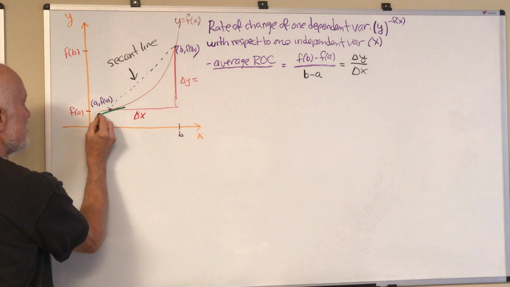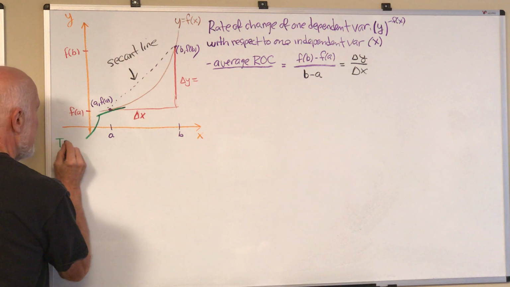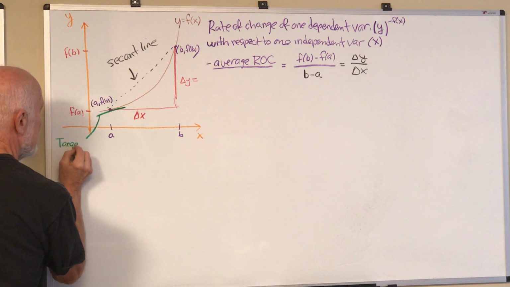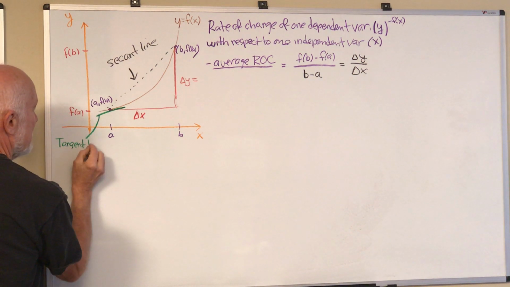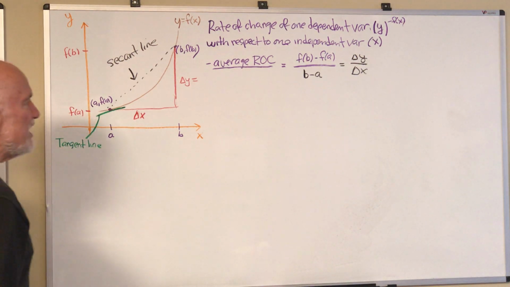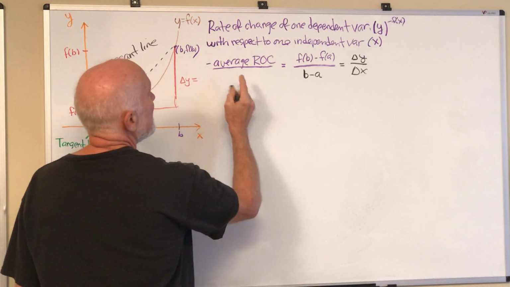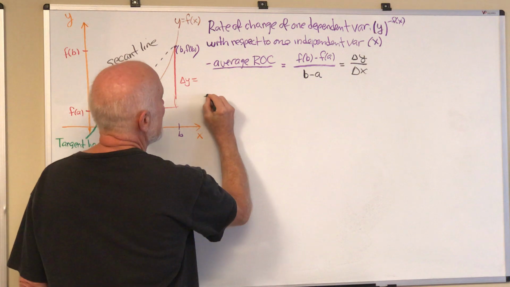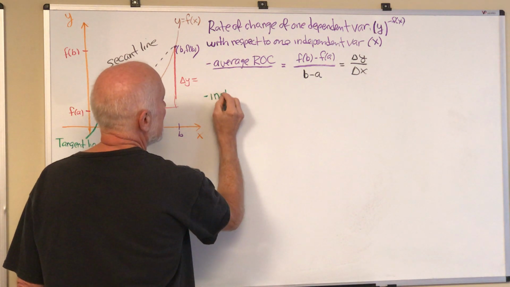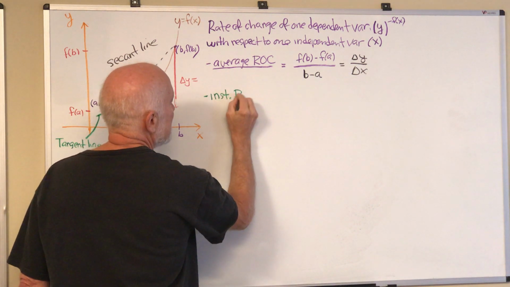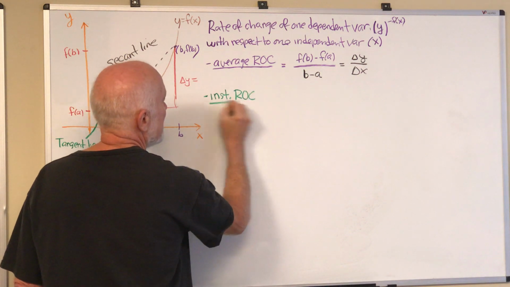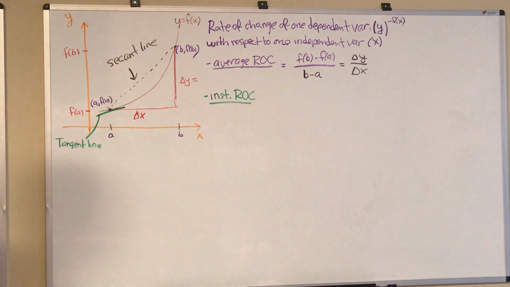Actually, this has actually got a name too. It's called the tangent line. So what we're going to be looking for then is the instantaneous rate of change.